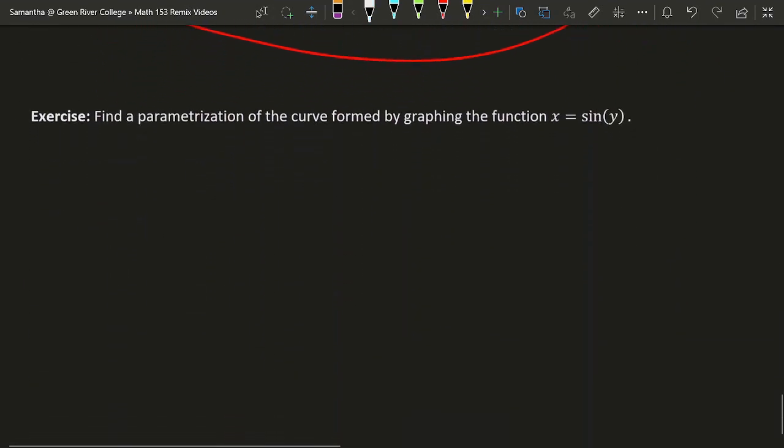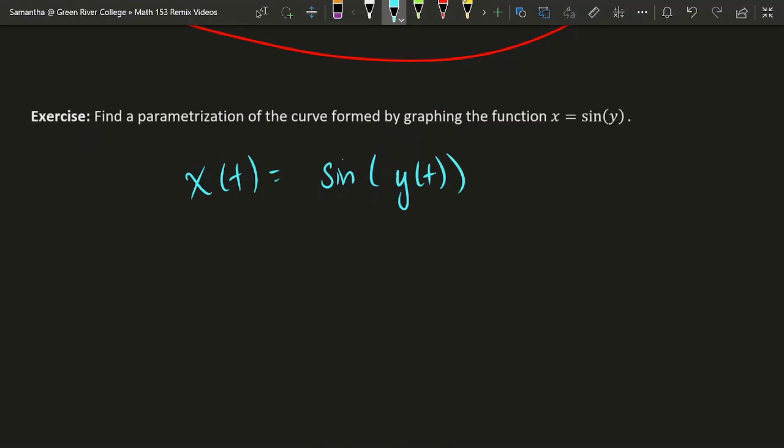For a related example, suppose at this time that we had x as a function of y. X must be equal to sine of y. In this particular case, the only thing that really needs to be true is that the x of my parameterization and the y of my parameterization satisfy the same equation as the x and y given to me in this problem.